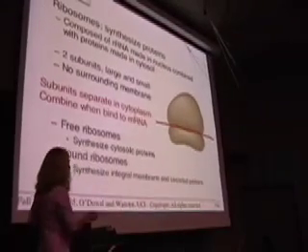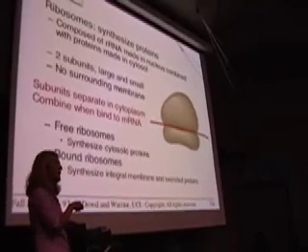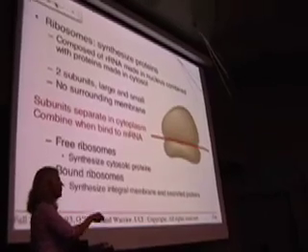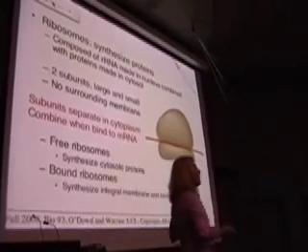Oftentimes your book will show a picture like this with no mRNA in between, and that's just not correct. The only time the large is together with the small is when they're actually clamped onto an mRNA and they are making protein.